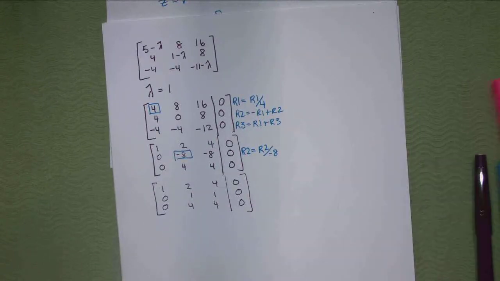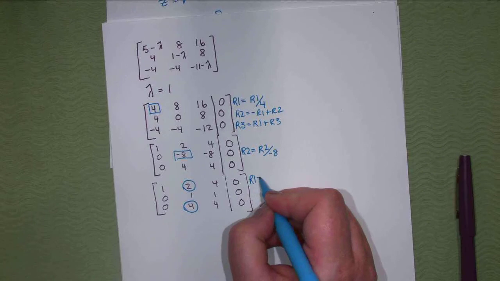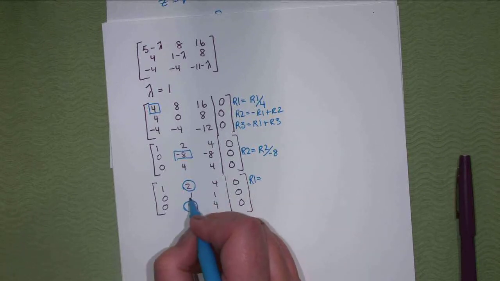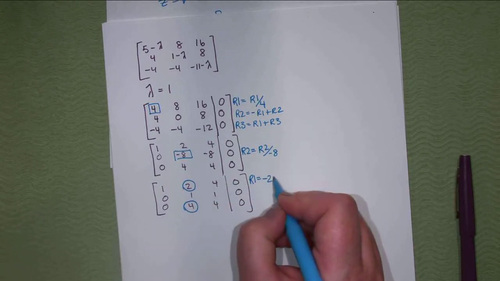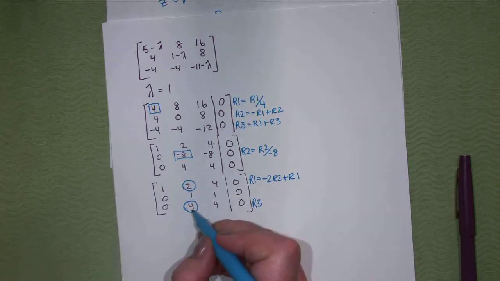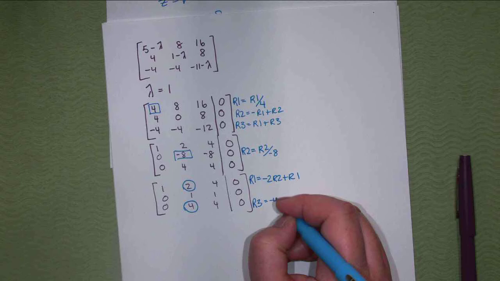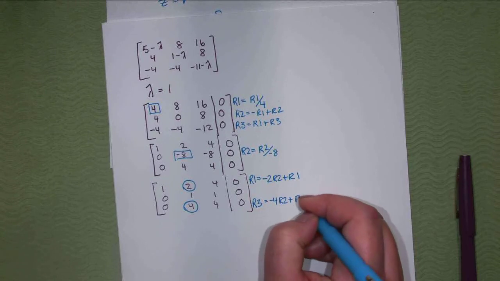So we made our 1, and we make our zeros. So the first one's in row 1, that's a positive 2, so the 1 would need to be a negative 2. Negative 2, row 2, plus row 1. And row 3, that's a 4, so the 1 needs to be a negative 4. Row 2, plus row 3.